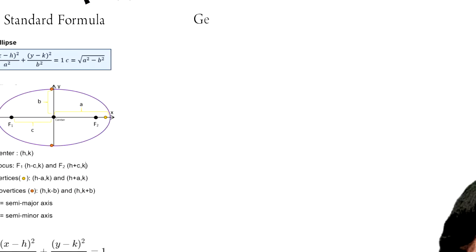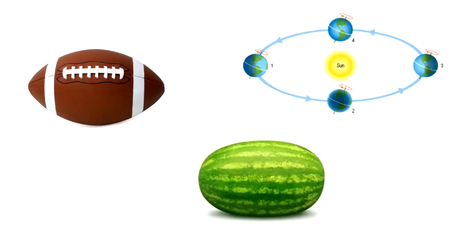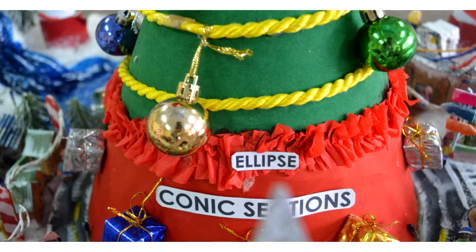The general formula of an ellipse is ax squared plus cy squared plus dx plus ey plus f equals 0. Here are examples of an ellipse. Plotting it out on a double-napped cone, this is the ellipse.